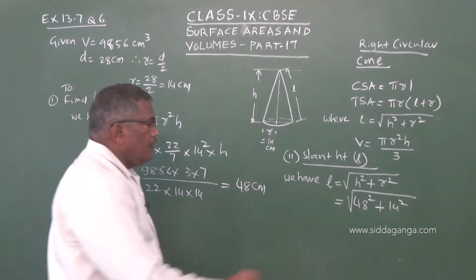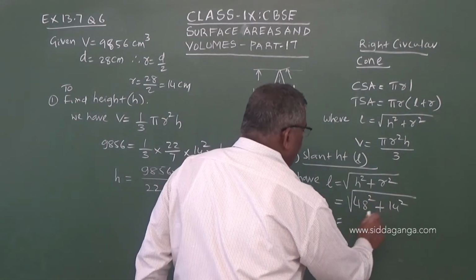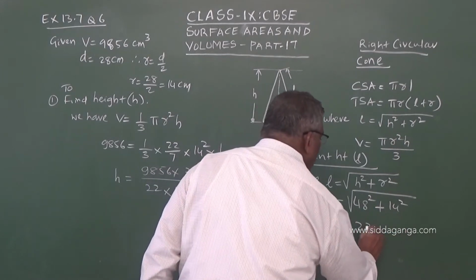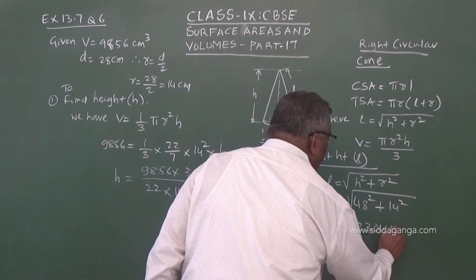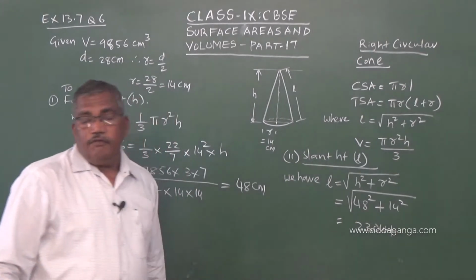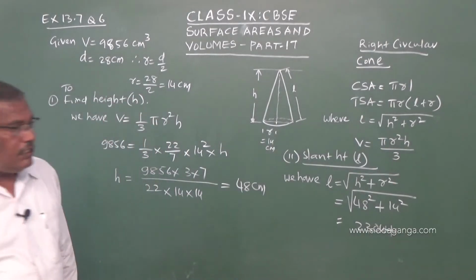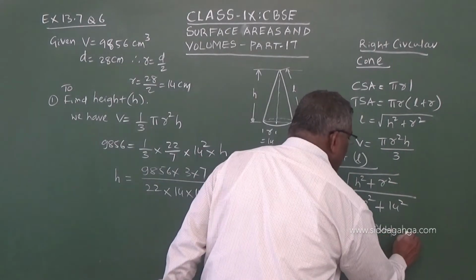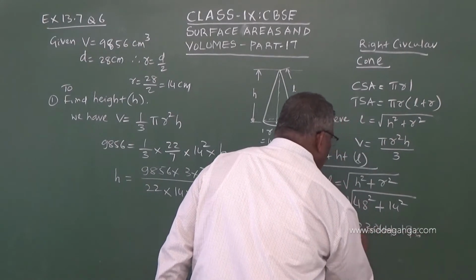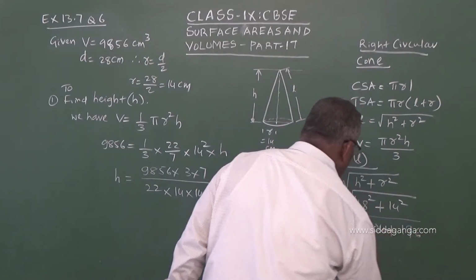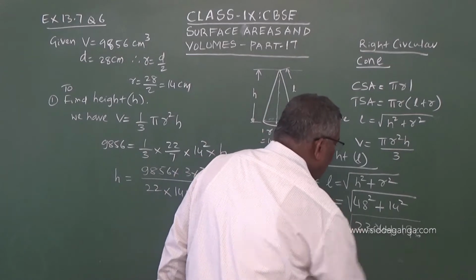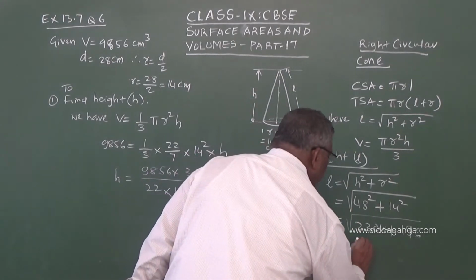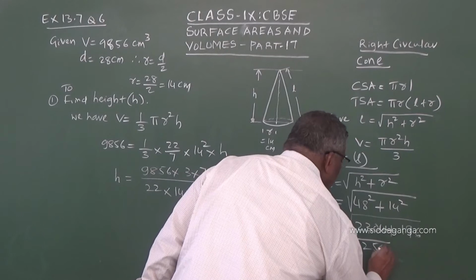So it is 48 into 48, 2304, plus 14 into 14, that is 196. So square root of this equals 2500.